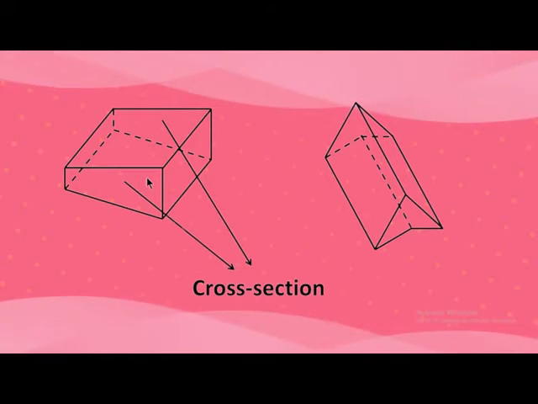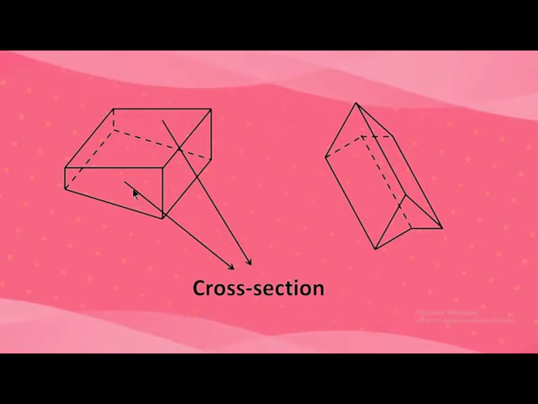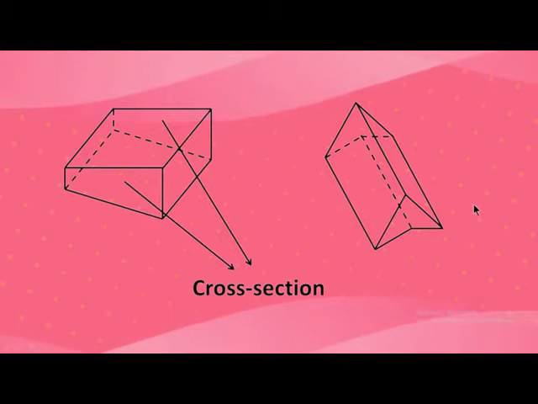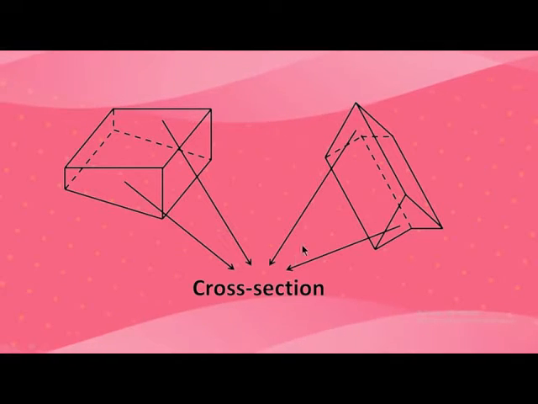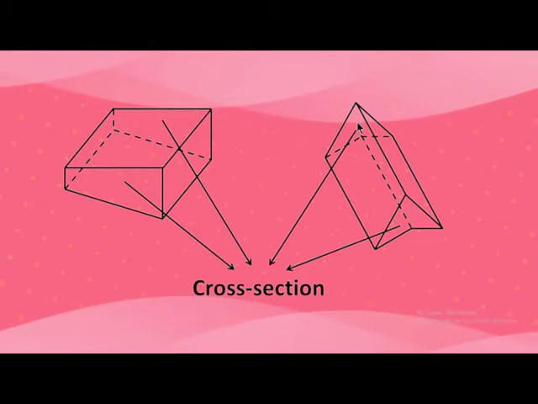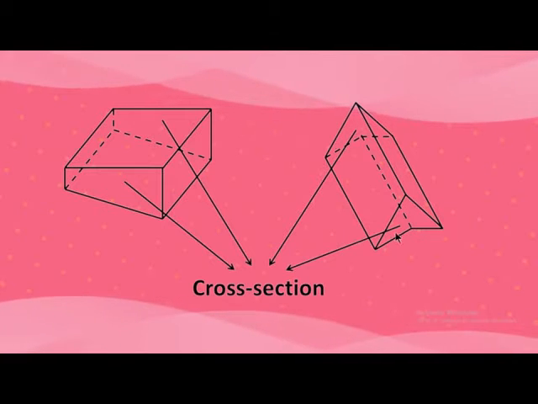As you can see, these two sides are the cross-section of this prism because they are congruent, or have the same size, and they're also parallel. How about this prism? As you can see, the sides that are the same size and also parallel are this side. So the cross section of this prism is this side.